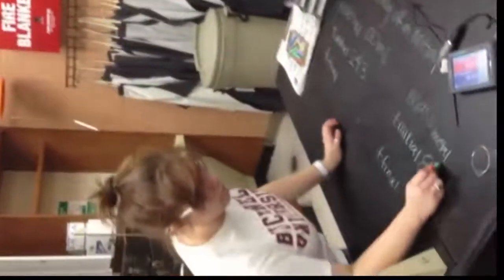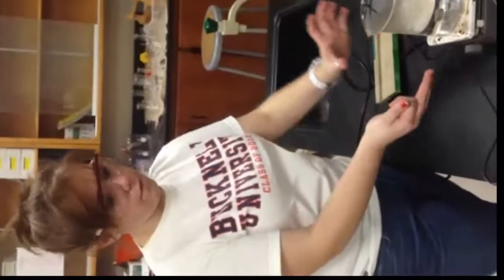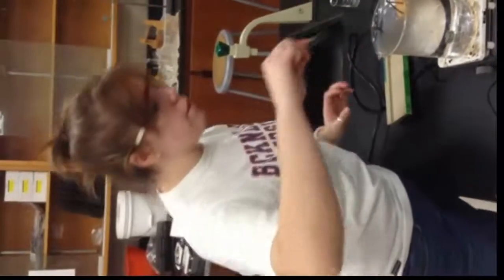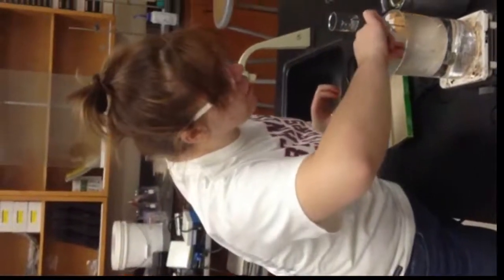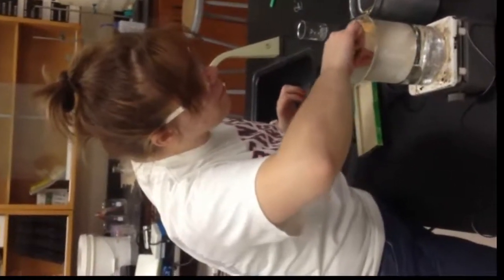So the temperature of the metal is 86.3 and the water is 24.3. Now I'm going to use my forceps to transfer the metal from the heated water to the normal water, and we'll measure the temperature change. The name of the game is to not burn myself.